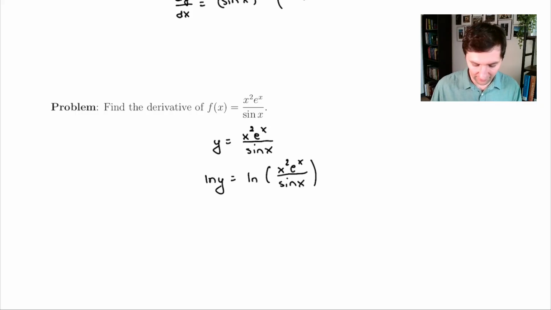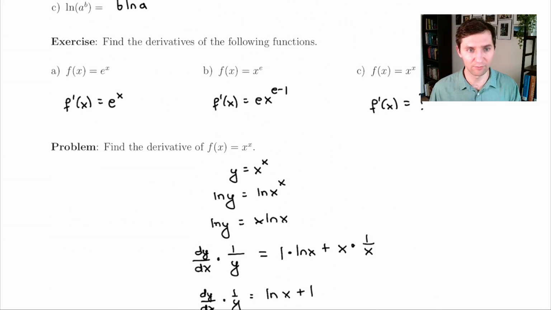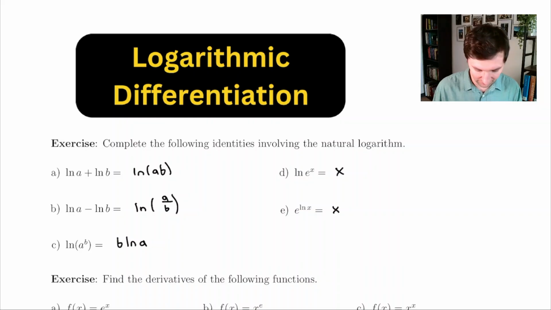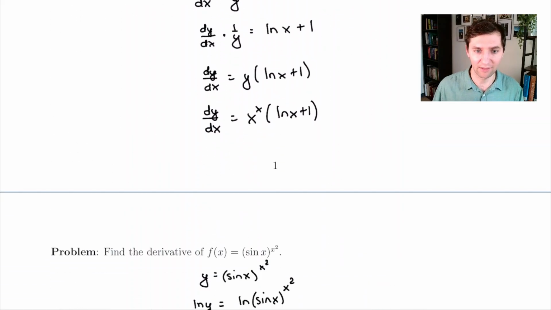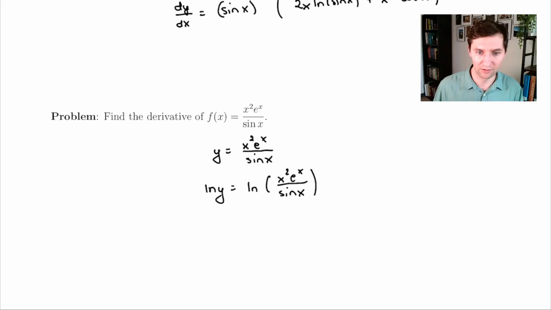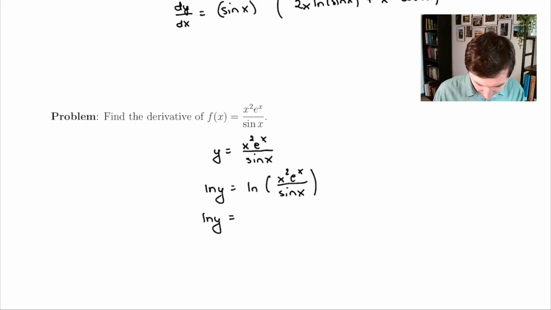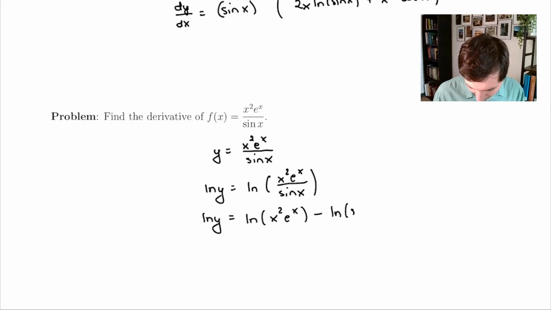I know that ln of something divided by something is ln of the top minus ln of the bottom. Take a look at one of the first properties we discussed: ln of a divided by b is ln of a minus ln of b. I will apply that rule right now. So on the right side, I have ln of x squared e to the power of x minus ln of sine of x.